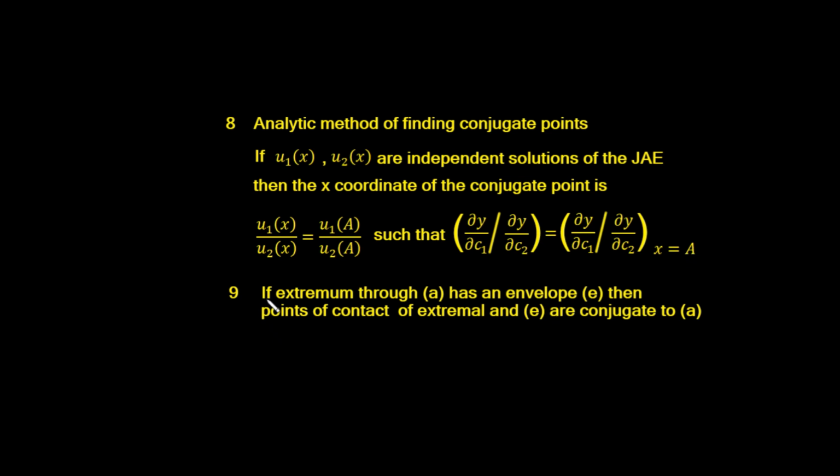We also saw that if we have an extremum through a point A and it has an envelope E, then the points of contact of the extremal and the envelope E are conjugate to point A.